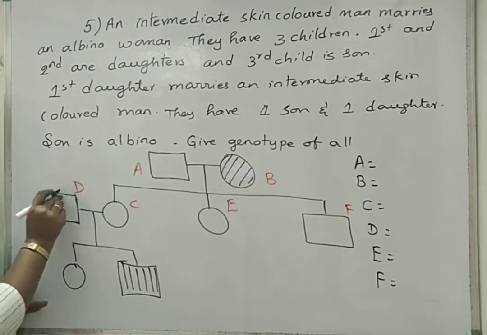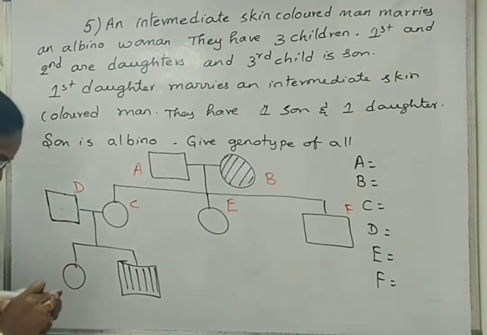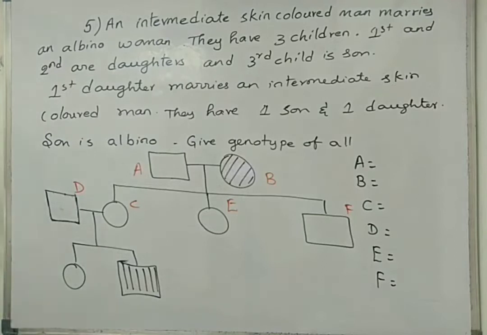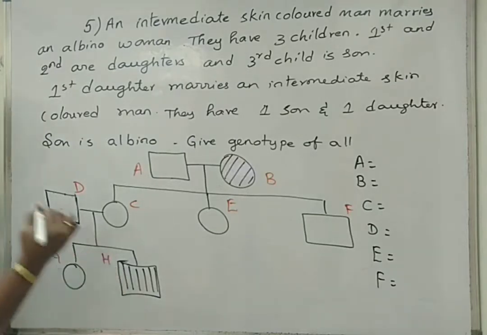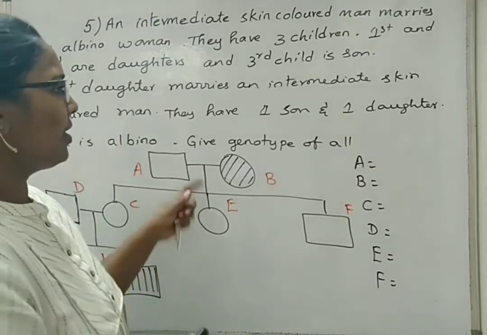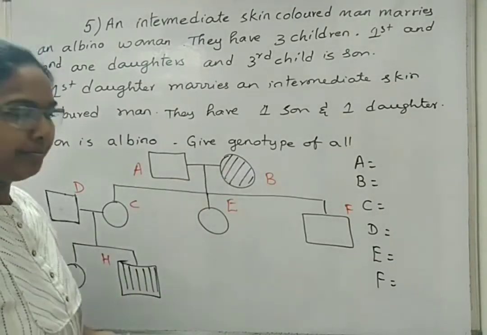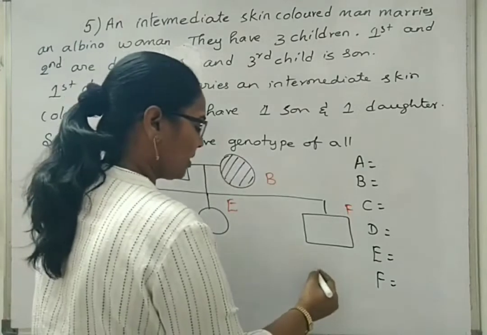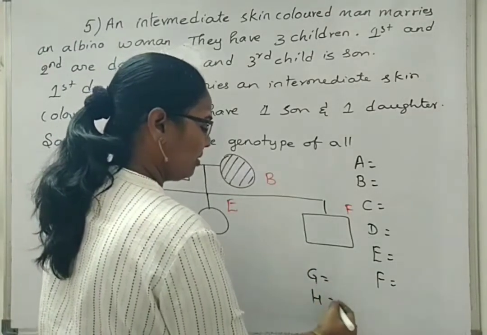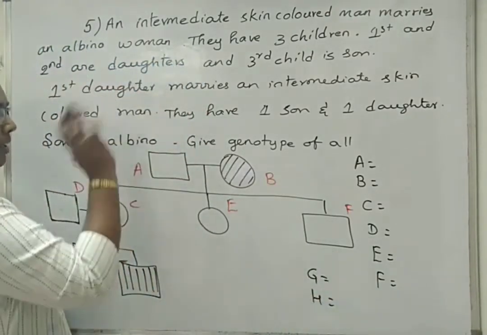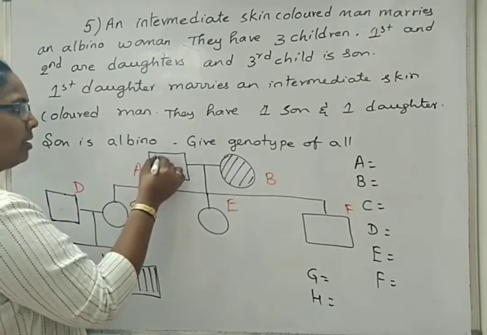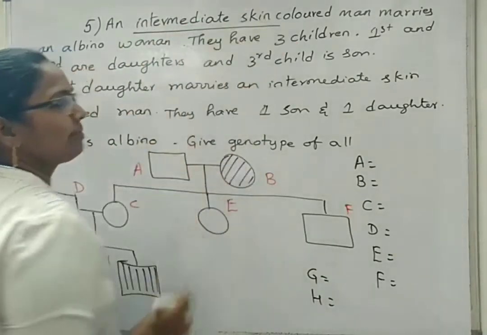Suppose think the question is like this. C, D, E, F, G and H. The question is, give genotype of all. So we need to write genotypic expression of G and H also. Already they have given in the question, this is intermediate skin color.